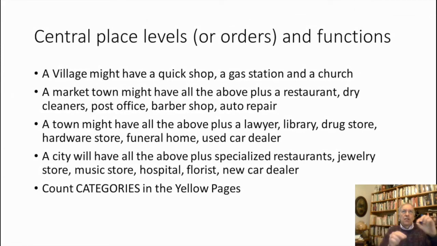The more specialized things are, the larger the number of people you need to keep that business afloat. If you're in the business of selling antique oil paintings, you're not going to be located in Cambridge, Ohio. You're going to have to be in a bigger city that serves more hexagons. So that's the whole idea of Christaller's central place theory and the levels of cities.